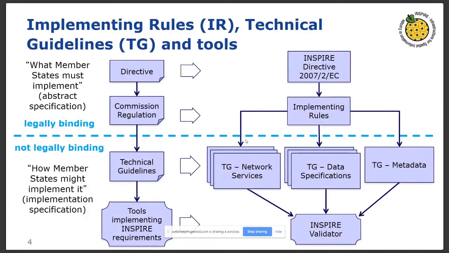From the practical point of view, the directive is complemented by so-called implementing rules and technical guidelines. Implementing rules, which you see on the top of the slide, are legally binding documents.